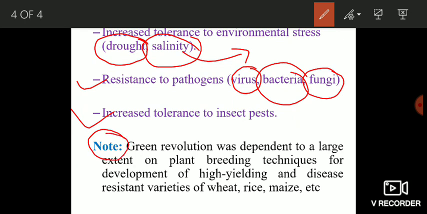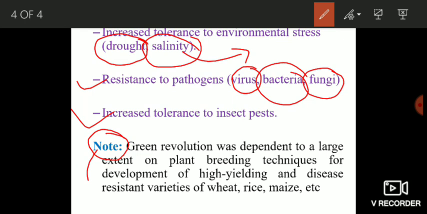Finally, an important note that you will remember: the Green Revolution was dependent to a large extent on plant breeding techniques for the development of high yielding and disease resistant varieties of wheat, maize and rice. The Green Revolution was actually an increase in food production using a number of technological advancements like increased use of fertilizers.